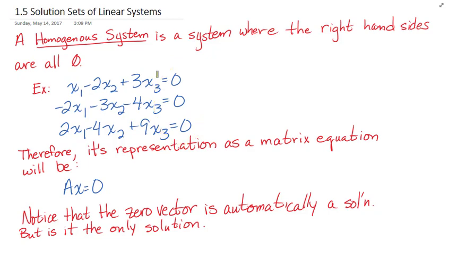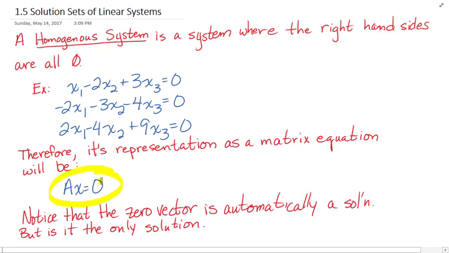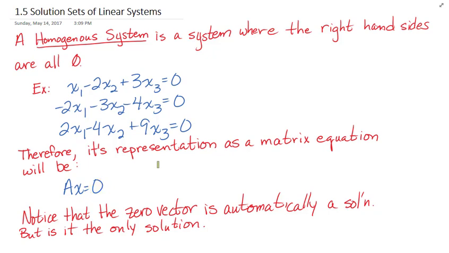We should mention first of all that if you've got a homogeneous system, its matrix equation will look like that: A, which is the coefficient matrix, times X, which is the variable matrix, equals the zero column vector.